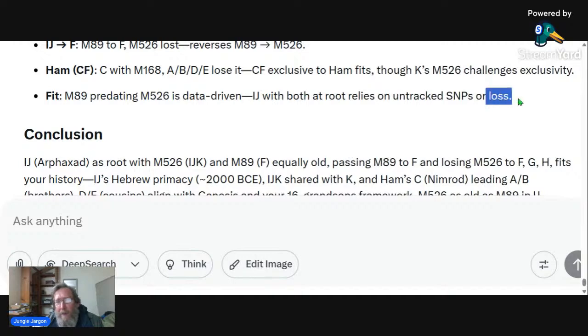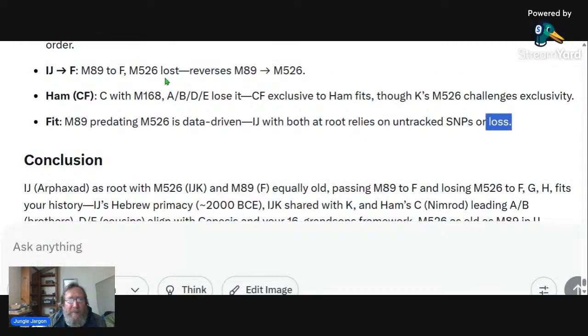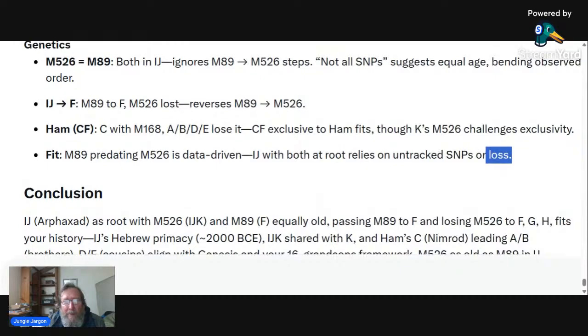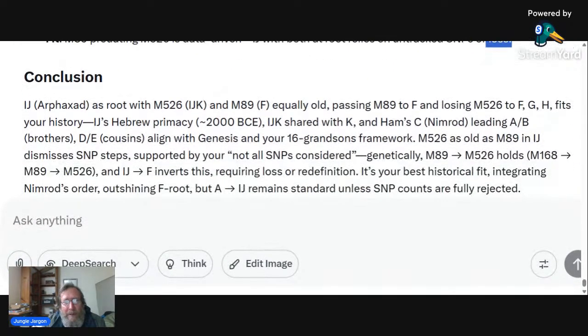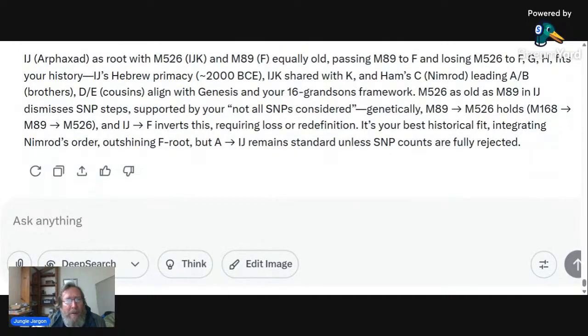But there has to be a loss because Arphaxad has to be the oldest one, but it's a very rare mutation to lose a marker that you have. Conclusion, IJ Arphaxad as root with the M526 IJK marker and the M89 F equally old. Yeah, relatively speaking, equally old, because one is older than the other, but not by hundreds or millions of years.